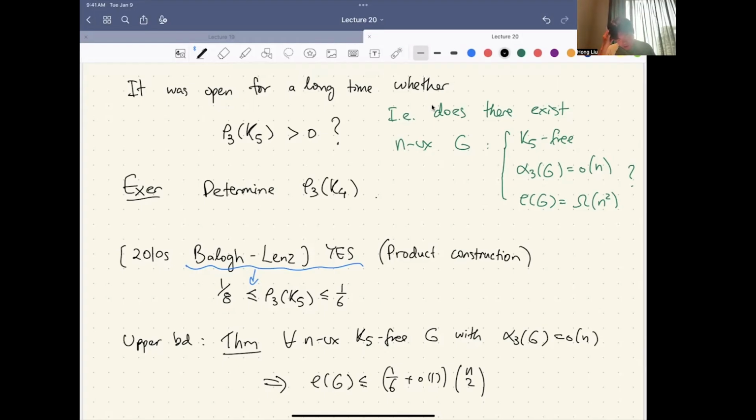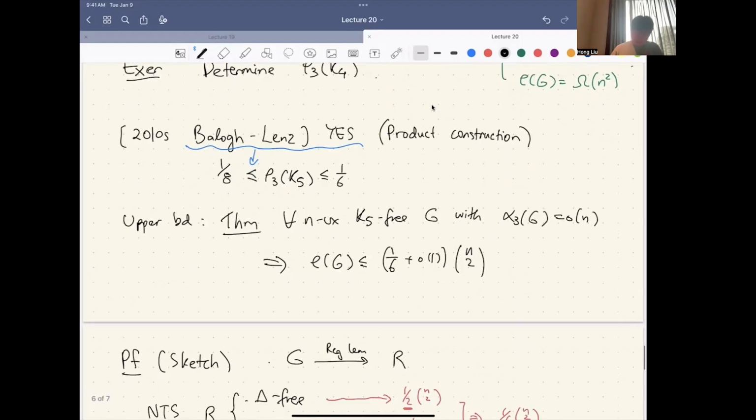And finally, a couple of years ago, I and Christian Reiher, Marion Sharifzadeh, and Katherine Staden, we together closed this gap and proved that this upper bound is tight. So we have a new construction proving that the Ramsey-Turán density, this rho 3 of K5, equals 1/6.